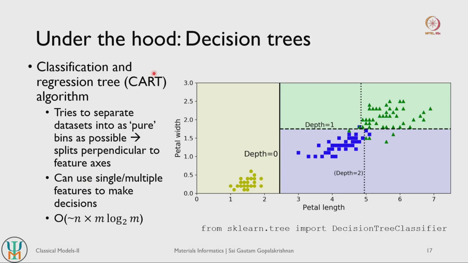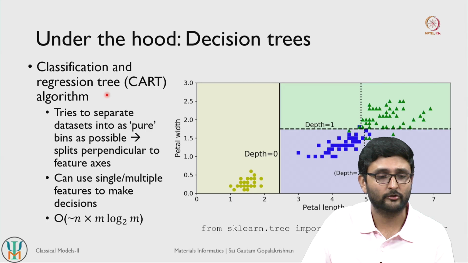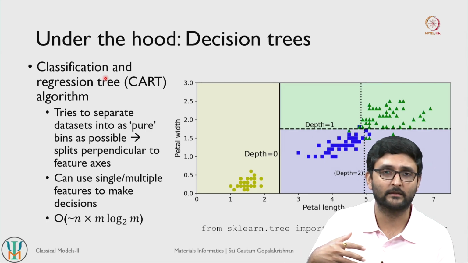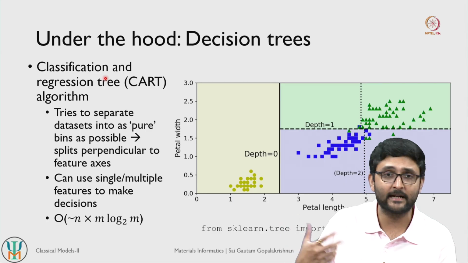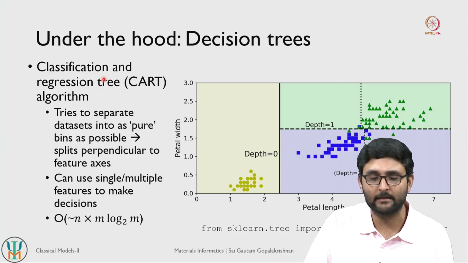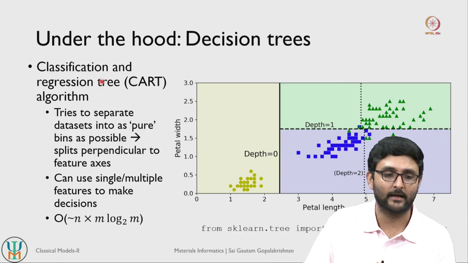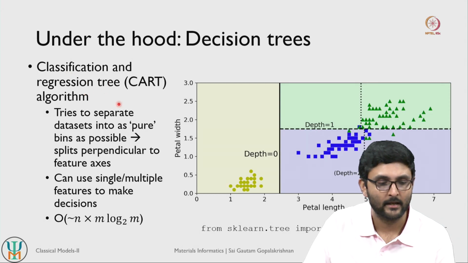Okay. So how do decision trees actually end up doing this classification, right. So decision trees actually do not use the gradient descent algorithm that we had seen before. They use a specific algorithm called CART, which stands for classification and regression tree, right.